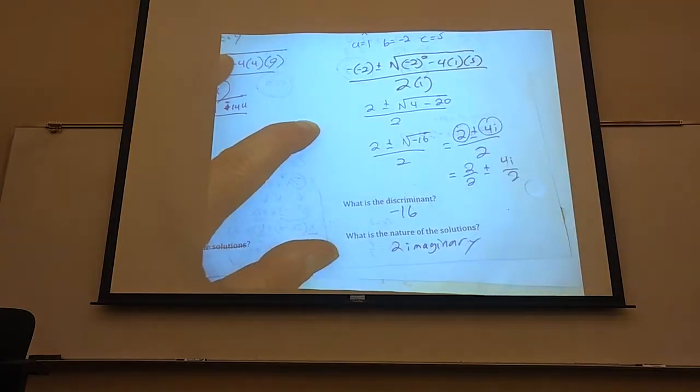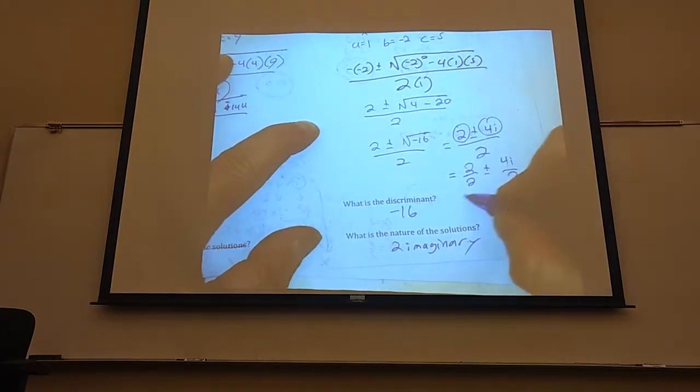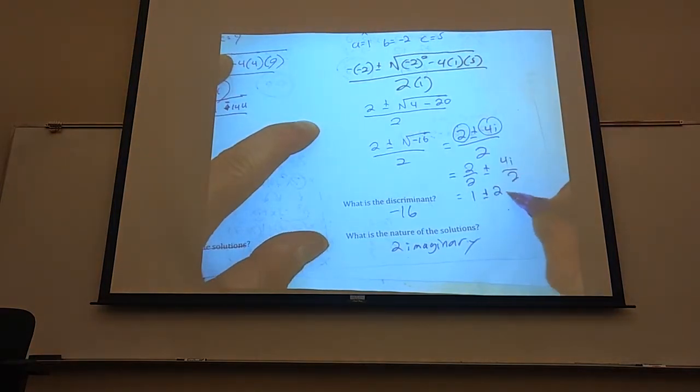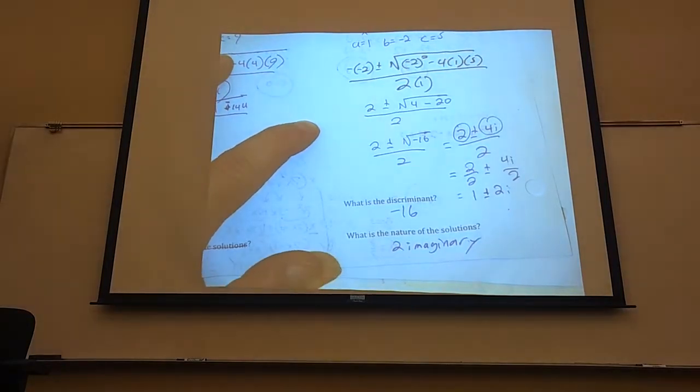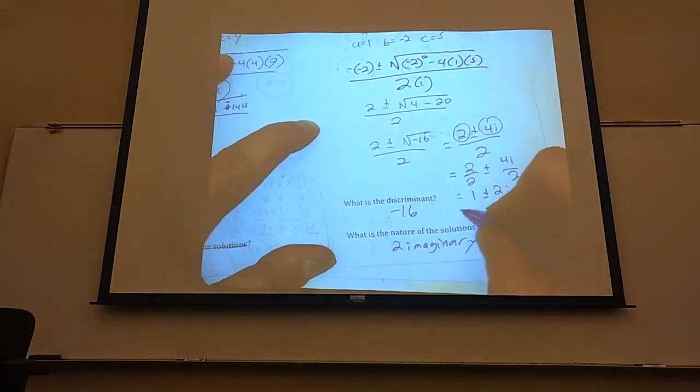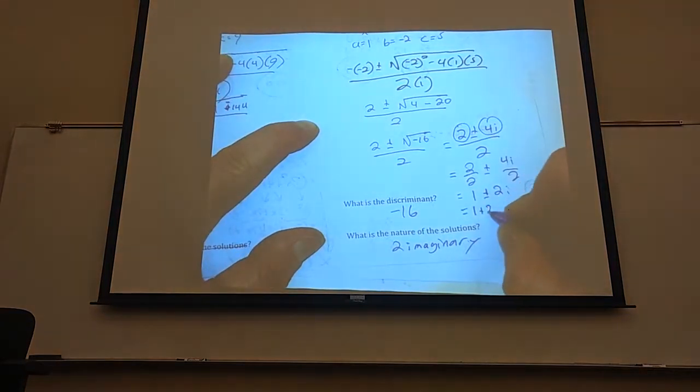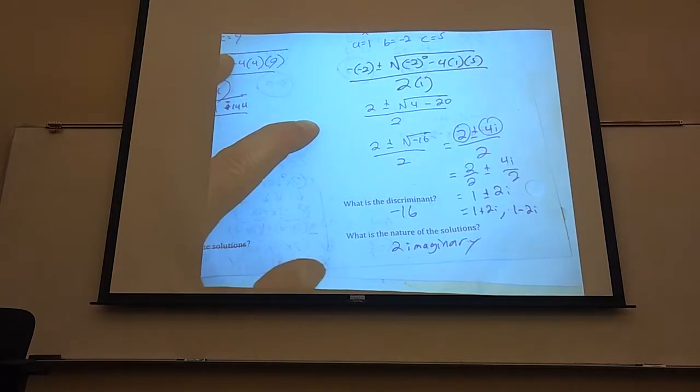Sometimes only one will simplify, and that's fine. But here they both simplify. We get 1 plus or minus 2i. And if my math lab doesn't like that answer, of course you could put it as 1 plus 2i, comma, 1 minus 2i. So 2 imaginary solutions.